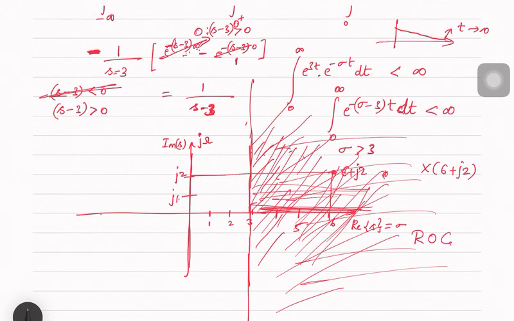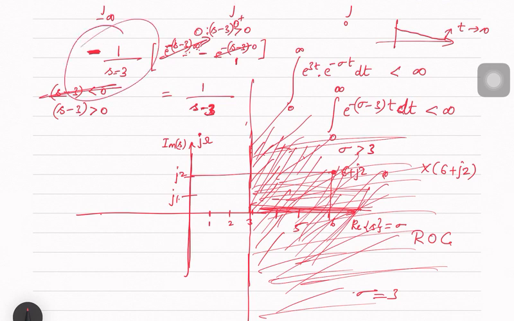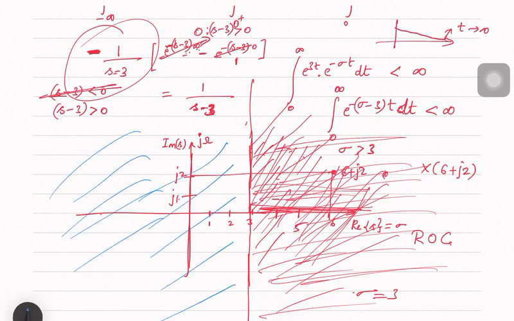It is the set of points to the right of sigma equal to 3, because these are the points where if you calculate the Laplace transform, it will definitely be something finite. If you select any value from the other part, the Laplace transform may or may not exist, so we will not be sure, hence we don't include these points.